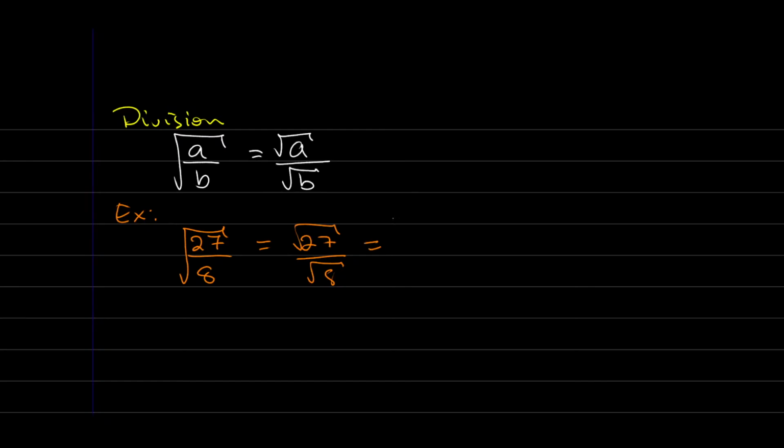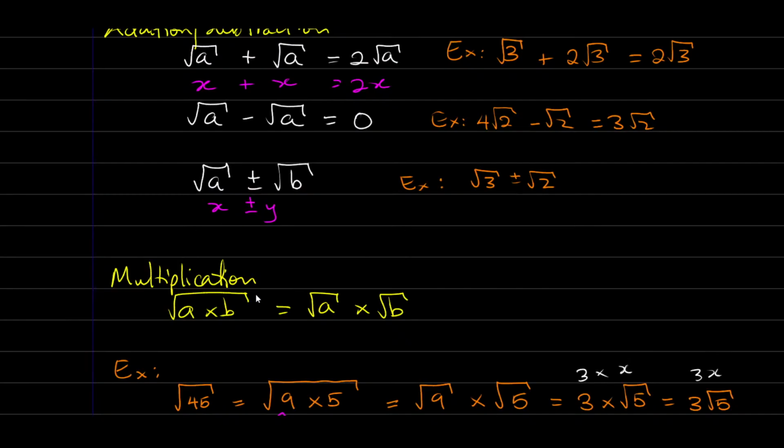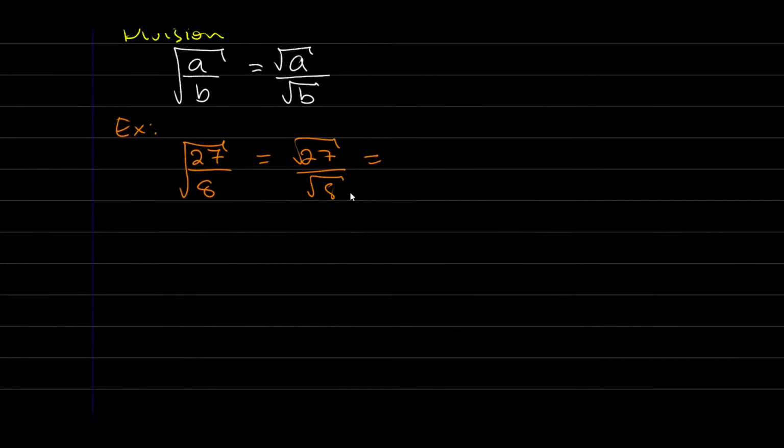And then remember, I can use the product rule that I just had, the property for multiplication. I can use that property and split this up a little bit, because 9 by 3 is 27, and 4 by 2 is 8. And 9 and 4 are perfect squares, so I can simply say the root of 9 times 3 divided by the root of 4 times 2.